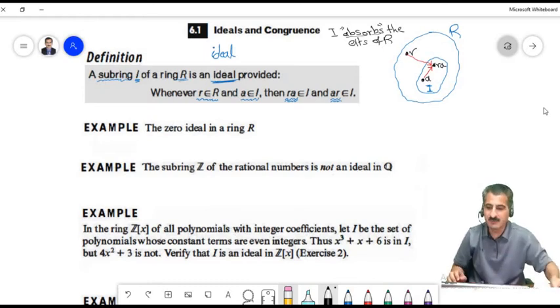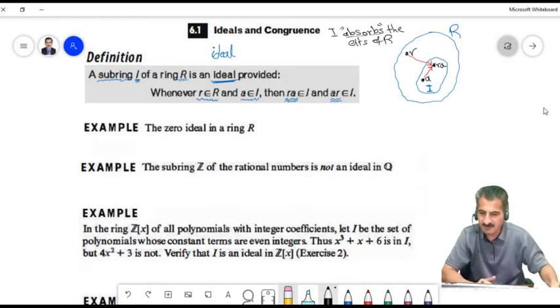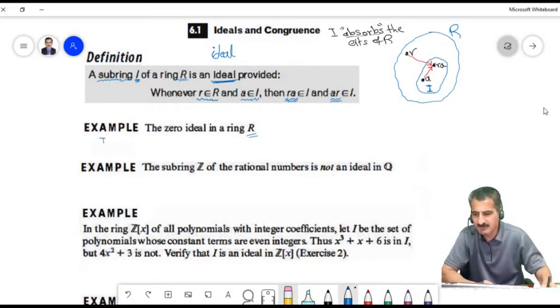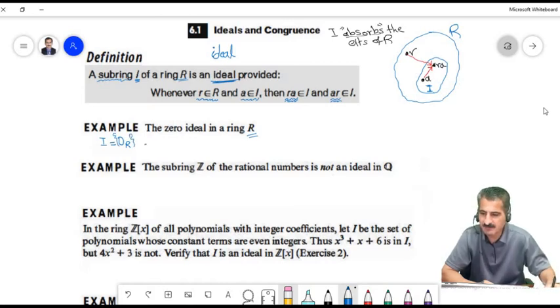Okay, now this is the definition of ideal, and let's see examples. The zero ideal: simply if we have a ring R, then we can choose the trivial ideal, which is the zero of R, and I shall put it inside set notation.